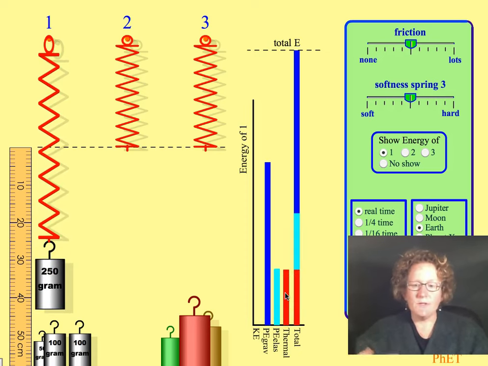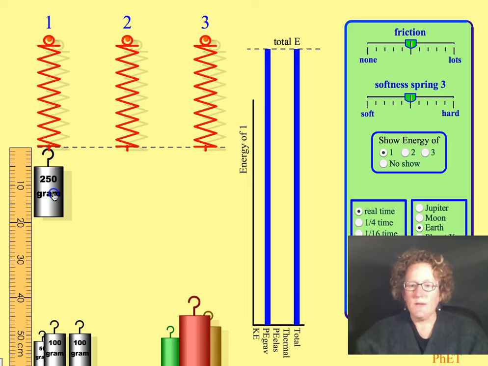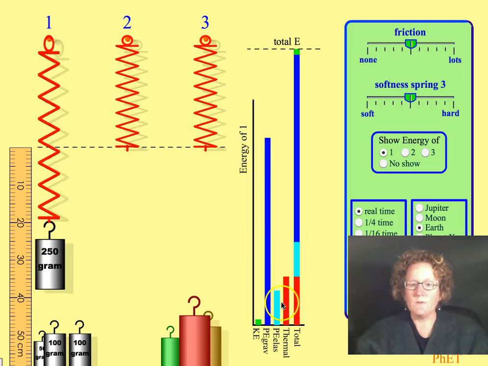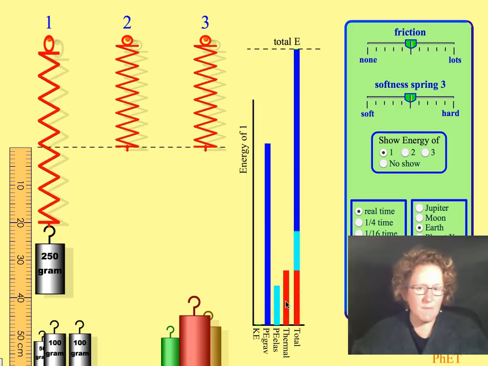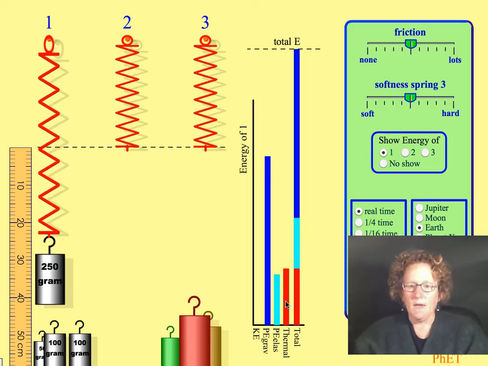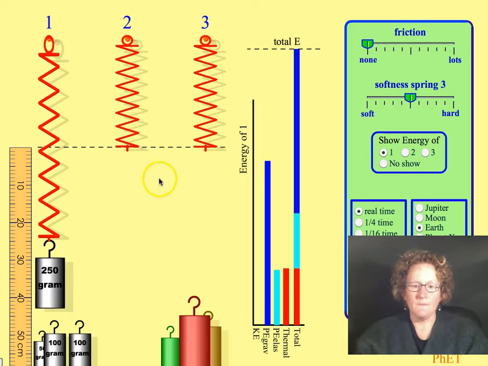Some of the energy as the spring is bouncing up and down is turned into heat because the spring experiences friction. So some of the total energy, it seems like it's lost, but it's just going out into the environment, and we can't find it. We could set friction to none here.